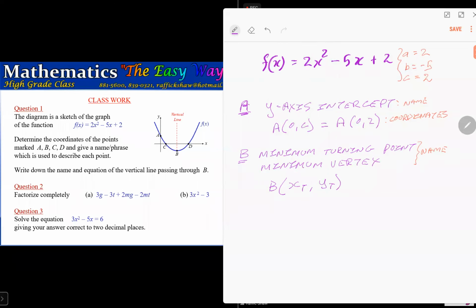Xt is the x value at that turning point, and yt is the y value at that turning point. And we have a formula to calculate each of those. All right, so we need to calculate xt and calculate yt, so we can put them there. So we need to work them out so we can put them there.